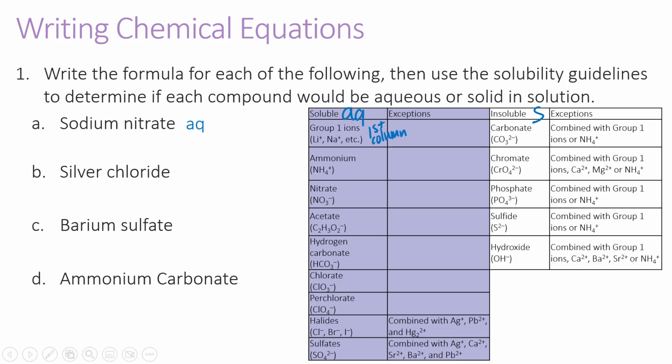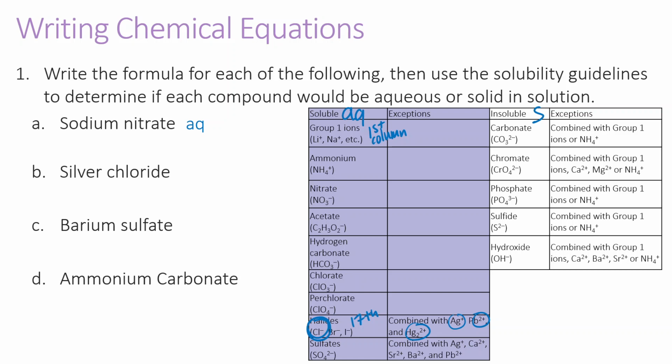So next we have silver chloride. So I should look down here with the halides where chloride is. Halides are column 17 on your periodic table. So chlorides and halides are usually soluble. They're usually aqueous, except when combined with silver, lead, and mercury.